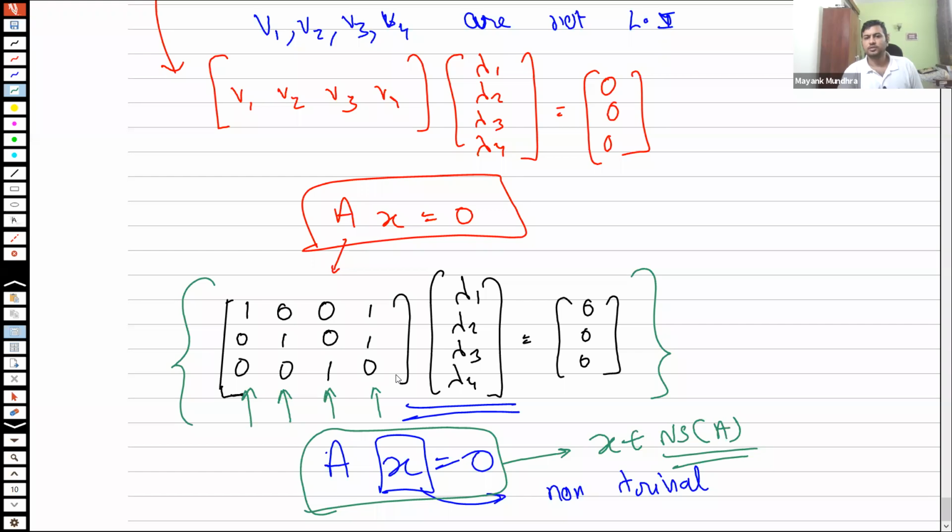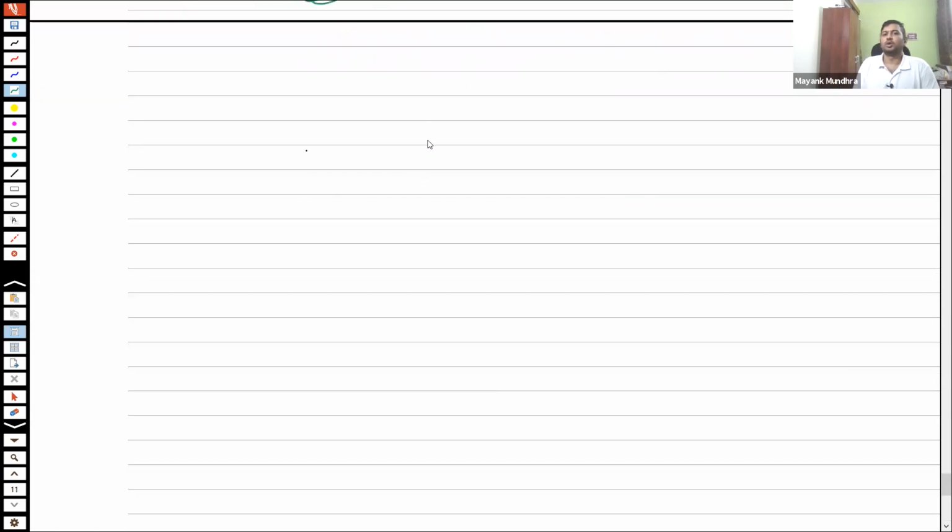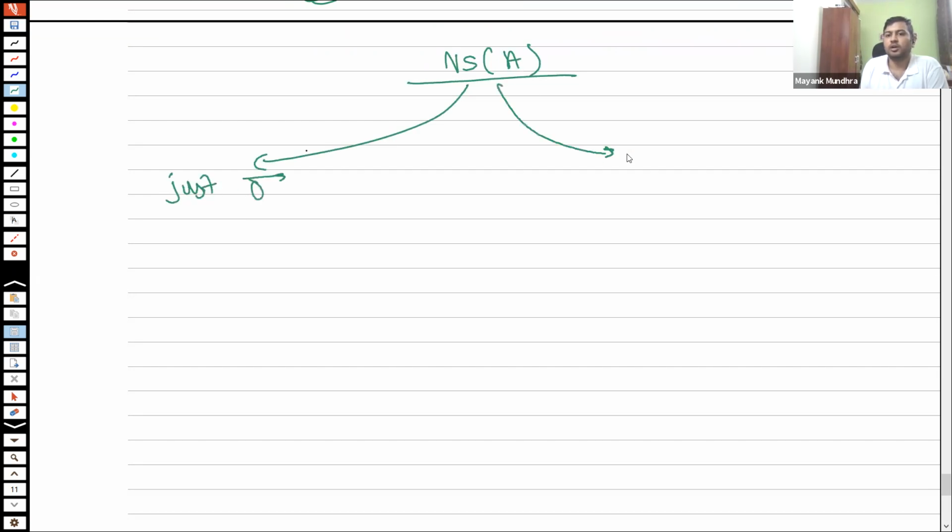Okay, so there are two possible situations here. This is what I want to summarize for today. Two possible situations for null space. The null space of A can be just the 0 vector, or it can have vectors other than the 0 vector.